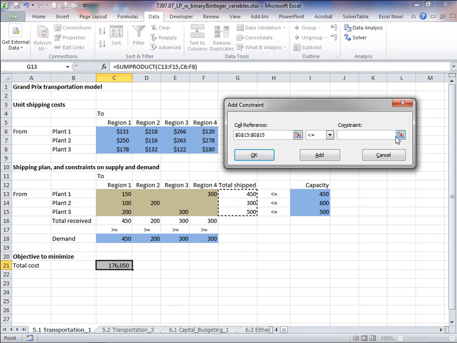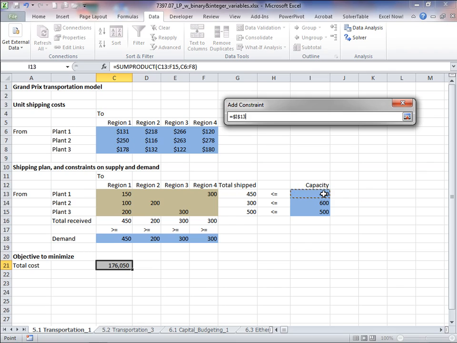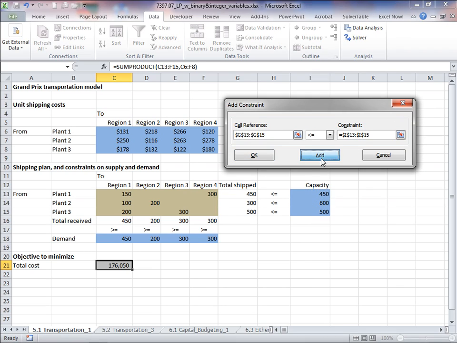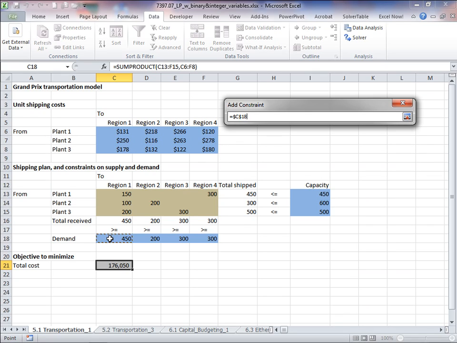These values are less than or equal to these values, and these values are greater than or equal to these other values.